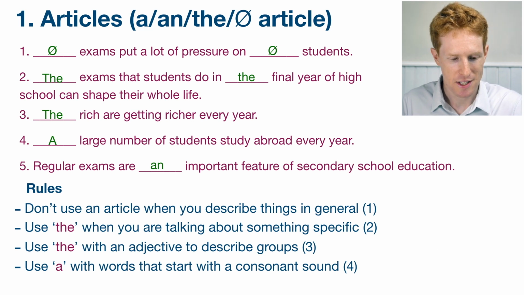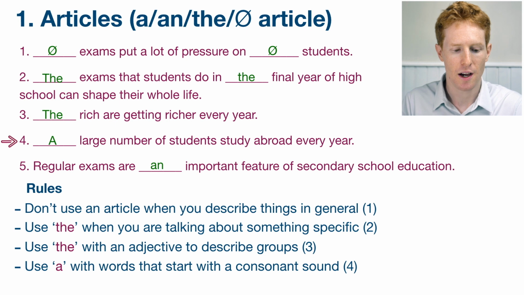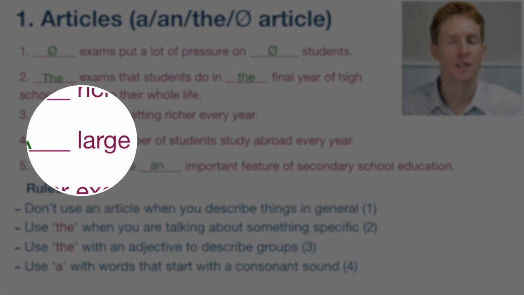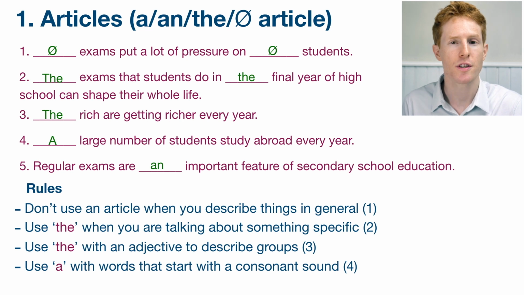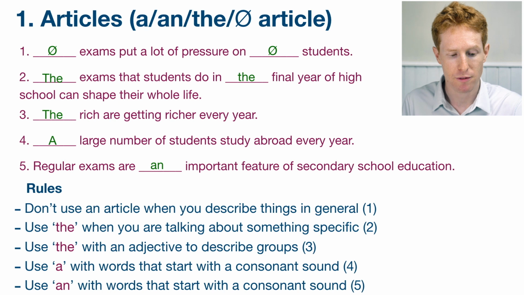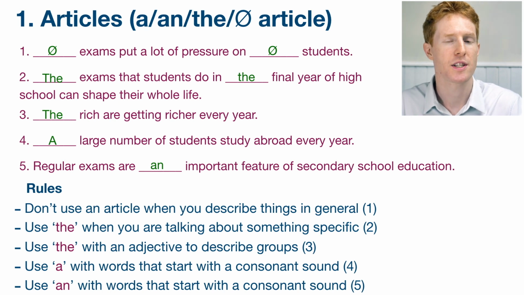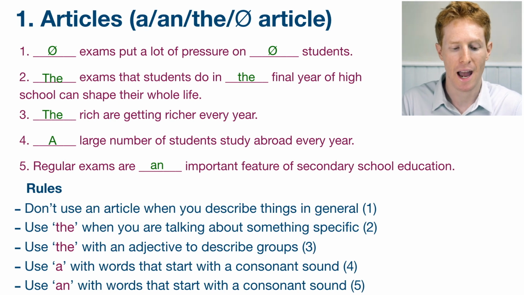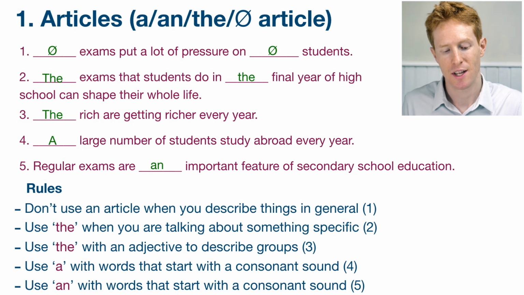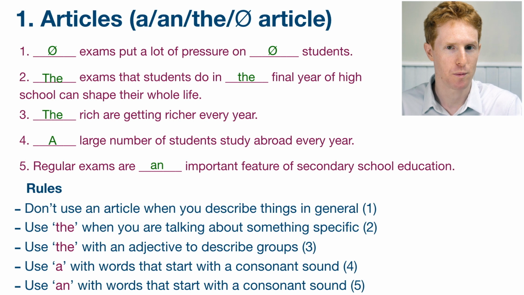So if you look at sentence number 4, it says a large. Now that's because l is a consonant sound. So when we have a consonant sound, we use a. And as we can see in sentence number 5, when we have a sound with a vowel like important, I is an I sound, then we use an before.